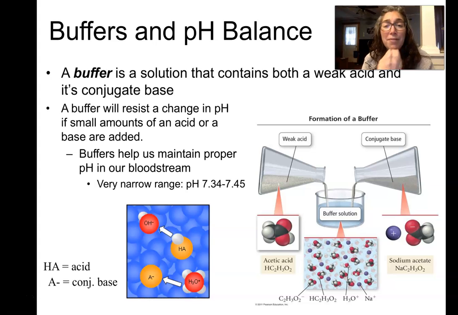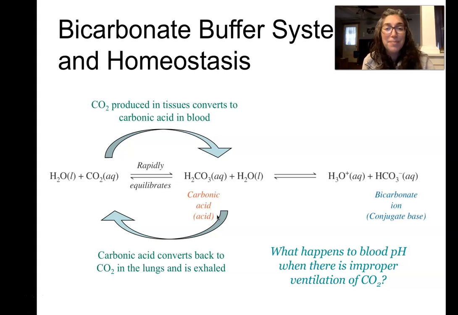And so we have buffers in our blood to help neutralize any acid or base that builds up so that our pH can stay the same. And the pH in our body is roughly neutral. It's about 7.3, 7.4. And we really need to keep it at that, or otherwise bad stuff starts happening. So that is a buffer.